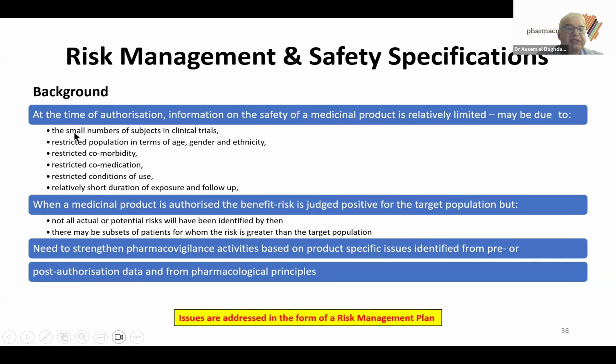Therefore, this is at the time of the authorization. When medicine product is authorized, the benefit risk is judged positively, of course, for that target population. Otherwise, you're not going to get your market.